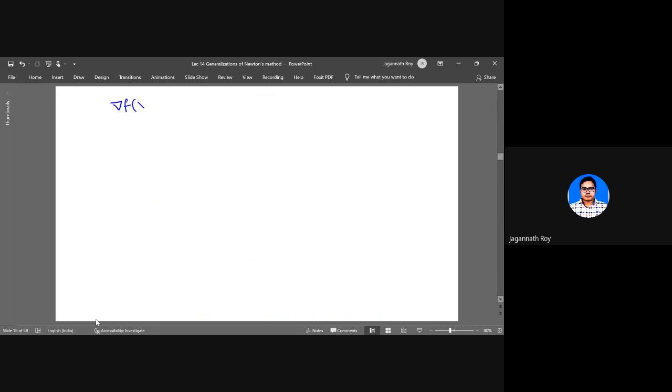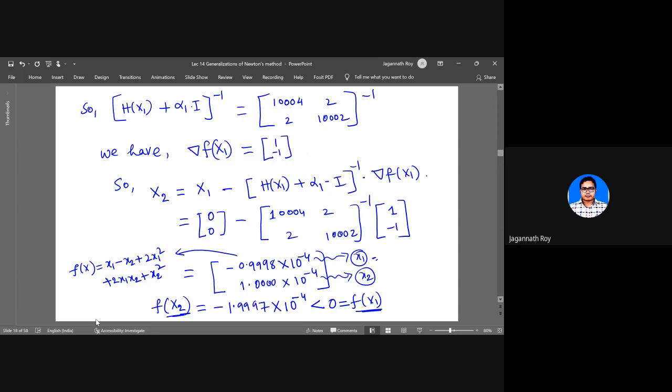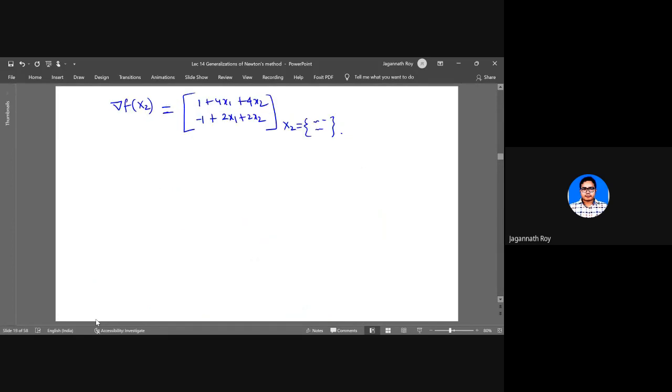The gradient of f at x2. If you remember, 1 plus 4x1 plus 4x2, minus 1 plus 2x1 plus 2x2, and x2 we have just now calculated. So this x2 will be substituted there.